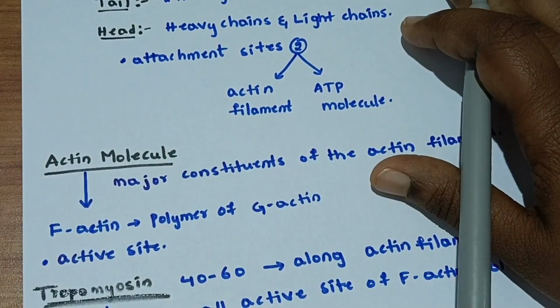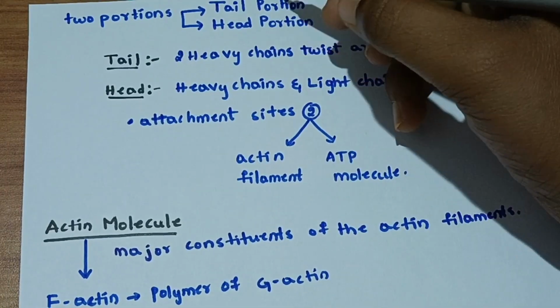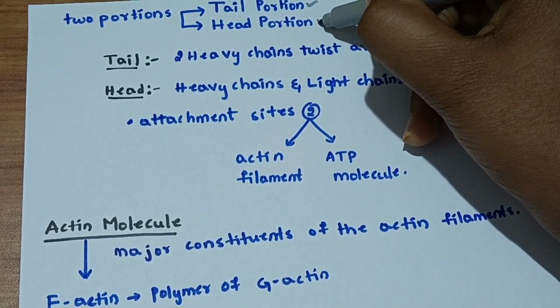Now let's see the myosin molecule's two portions: the tail portion and the head portion.